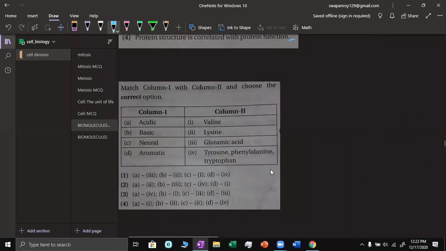Here is one: match column 1 with column 2 and choose the correct option. Acidic and basic. Acidic is glutamic acid. Basic is lysine. Aromatic are these: tyrosine, phenylalanine, tryptophan. These are the aromatic.